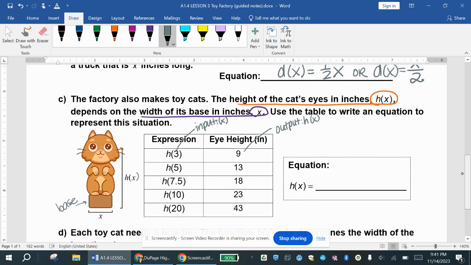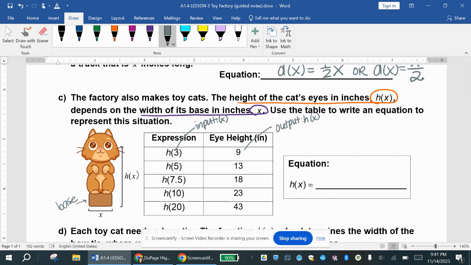So here you've got to ask yourself, how are the input and output values related? You're going to write an equation for the height of the cat's eyes. So how are they getting the output values in the right column based on the input values on the left?